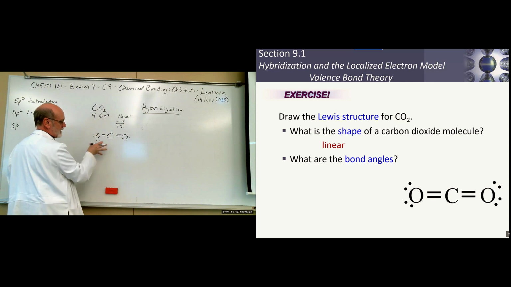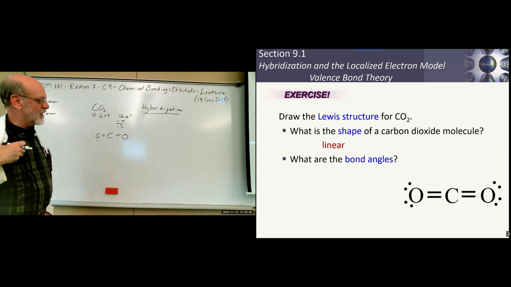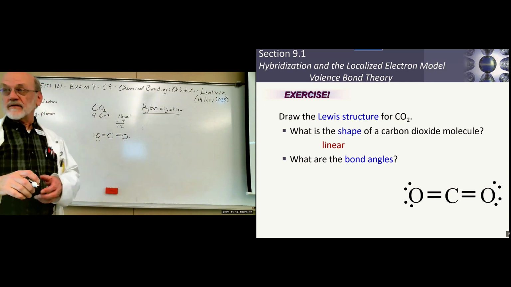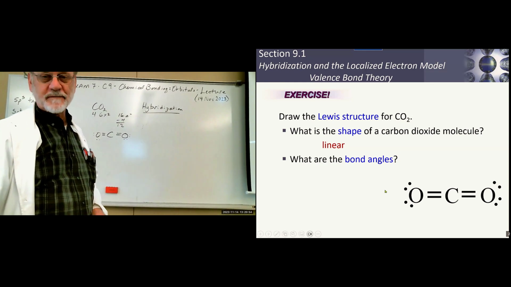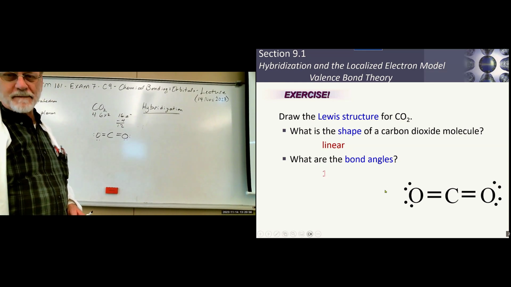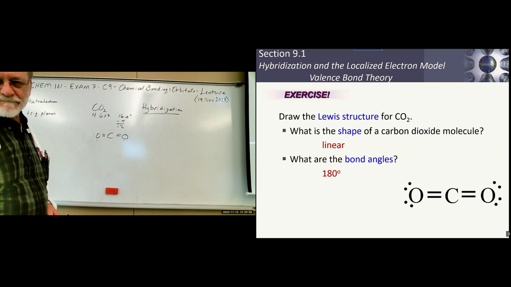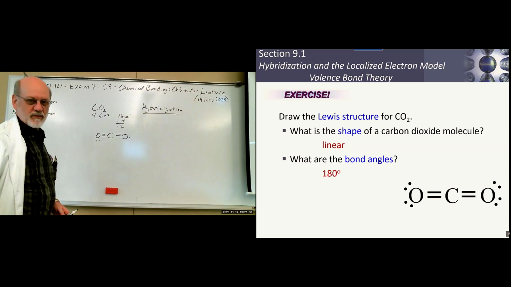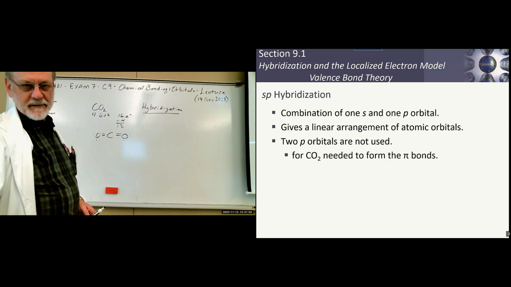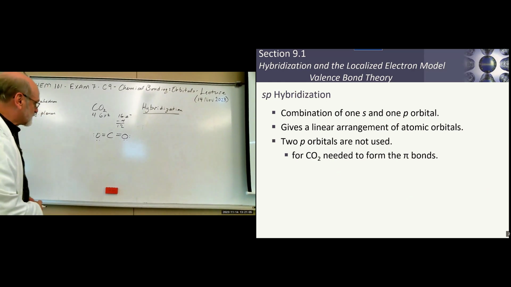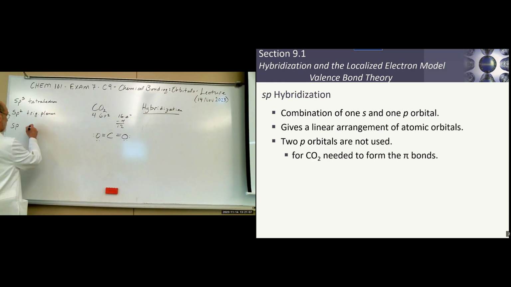Now everybody has an octet. The bond angle is 180 degrees because this is a linear molecule. How do we get a linear molecule out of that? We need sp hybridization on that carbon. Sp means linear.